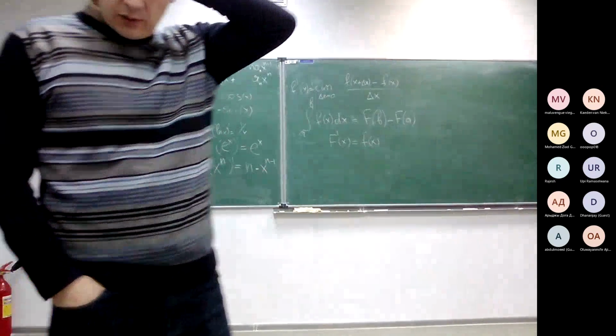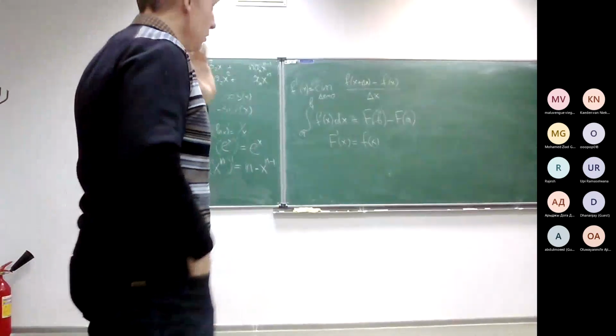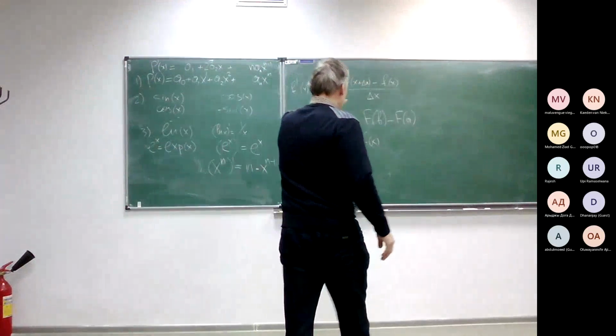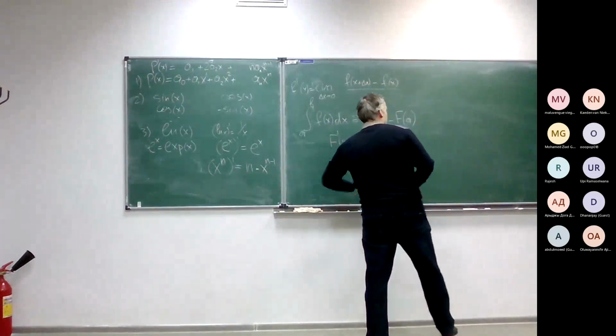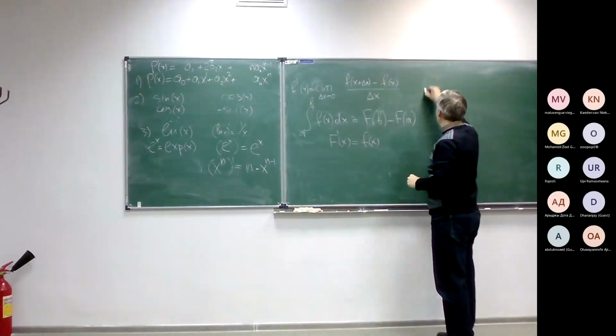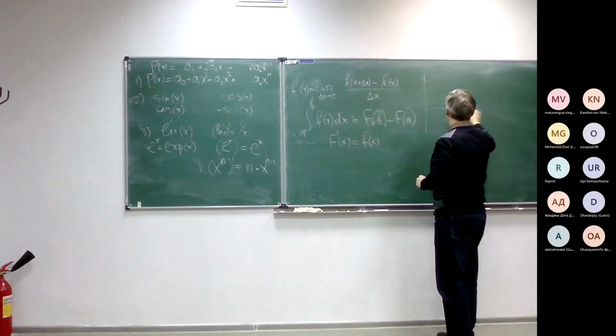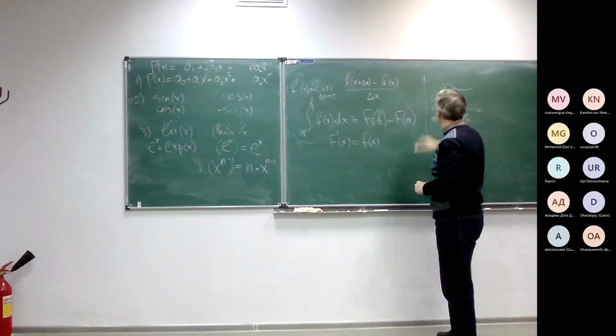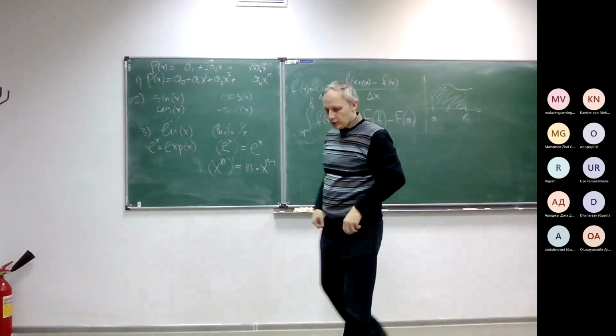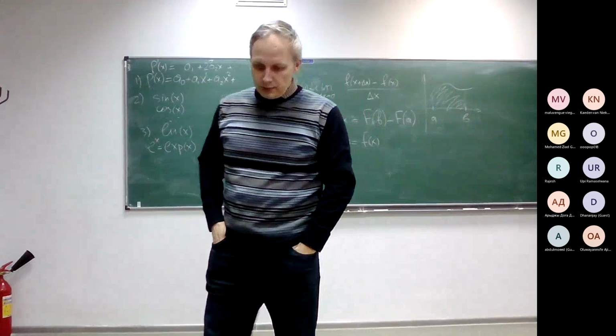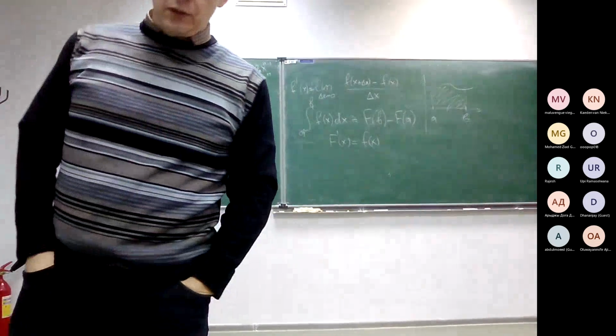And from the geometrical point of view, it's an area under the curve, under the function f of x on the interval. We can see the interval from a to b, the function, and the area under the curve.